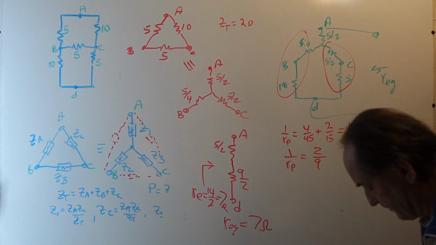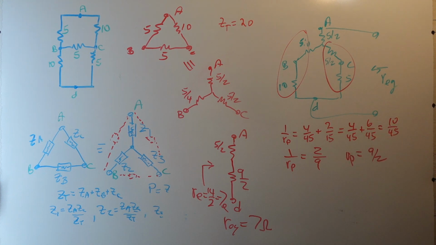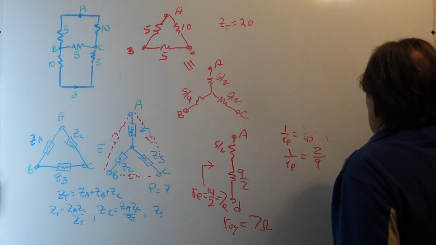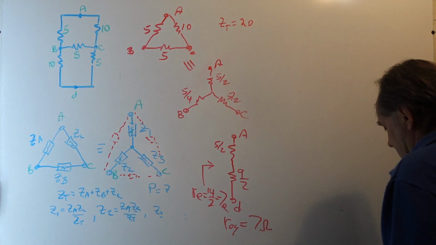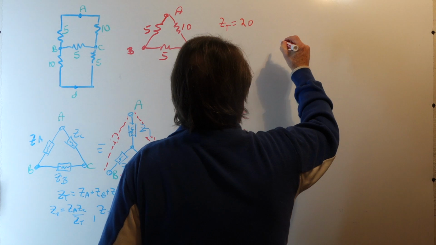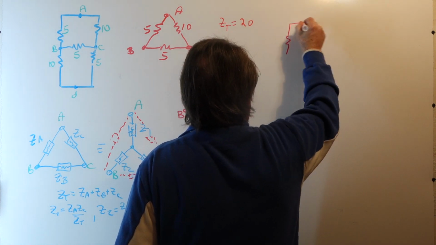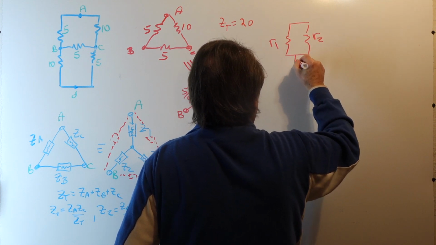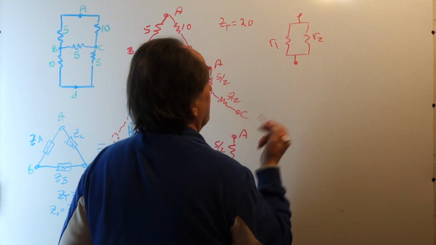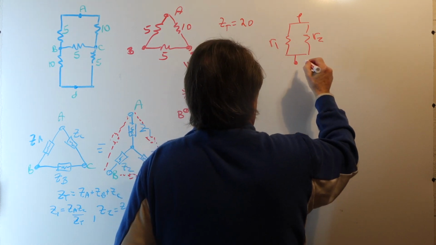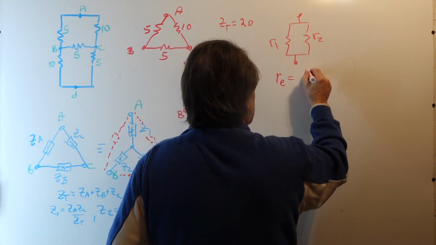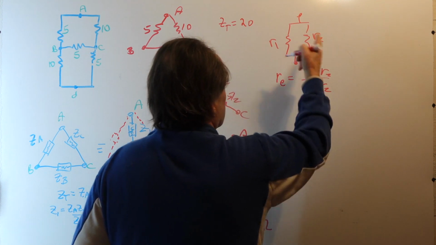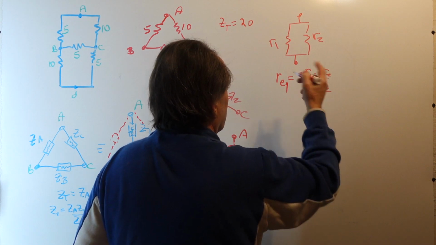Now, some of you might feel more comfortable, rather than working with conductances, to use the parallel formula. You know that if we have two resistors in parallel, call it R1 and R2, and we want to find the parallel combination, the R equivalent is R1 times R2 over R1 plus R2, but that's totally equivalent to the reciprocals.